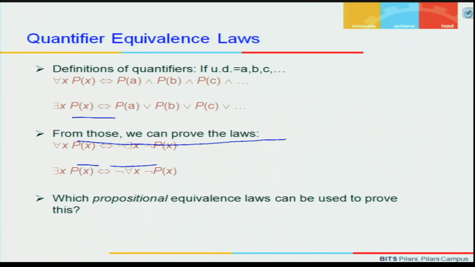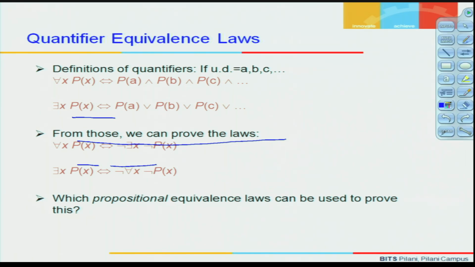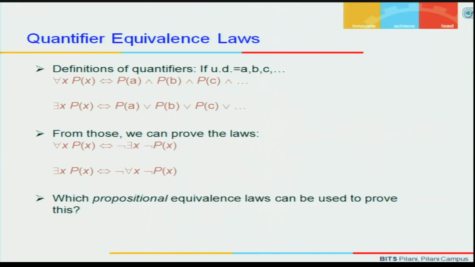Like we have seen in propositional logic, here also there are some equivalence laws. Let us see them. The very definition of quantifier, though I have not spelt it till now, actually means this.